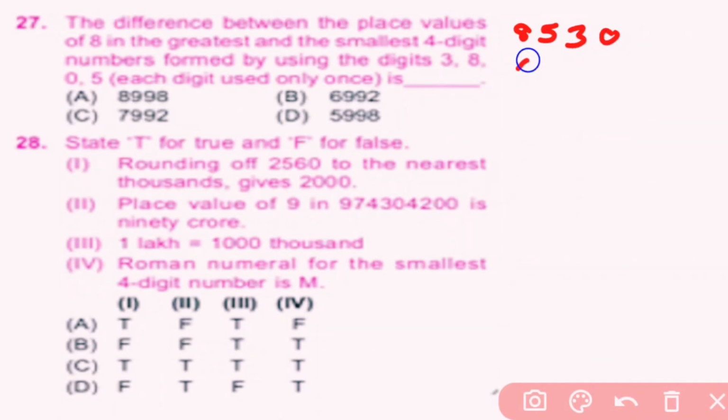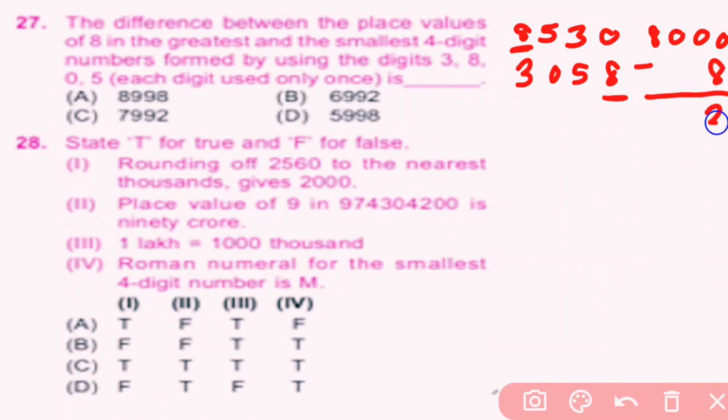For the smallest number, 3058. The place value of 8 in the biggest number is 8000 and in the smallest number 8, and their difference is the answer. So C is the right answer.